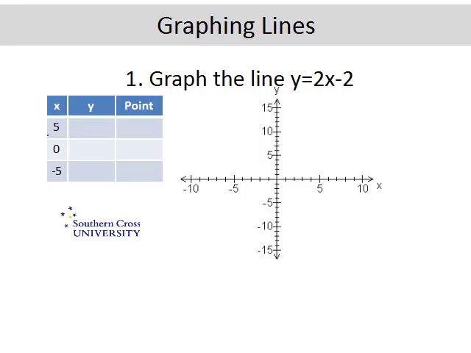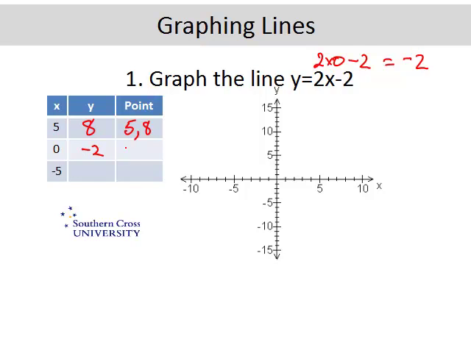So if we take x equals 5, 2 times 5 take away 2 is equal to 10 take 2, which is 8. So the point will be 5, 8. Okay, if we think about x equaling 0, we'll get 2 times 0, take away 2. So 2 times 0 is 0, subtract 2 is -2.